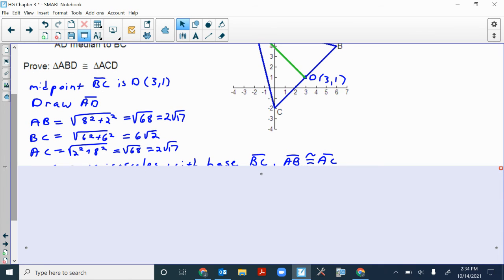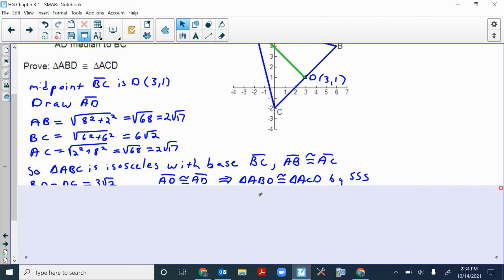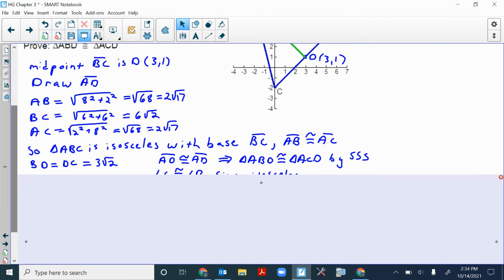Now you'll notice I only did AB and AC in triangle ABC, not actually going smaller. But the reason why is because I can see that triangle ABC is isosceles with base BC, because AB is congruent to AC. And then BD is going to be congruent to DC because we have a median, so half of 6 root 2 is 3 root 2.